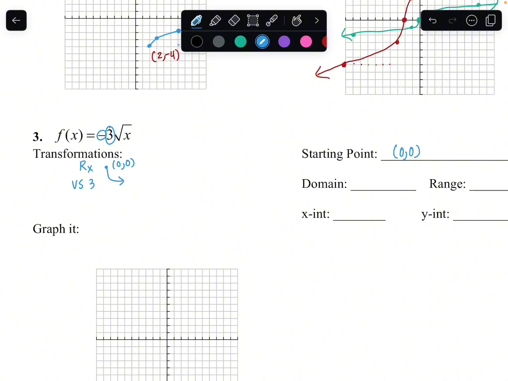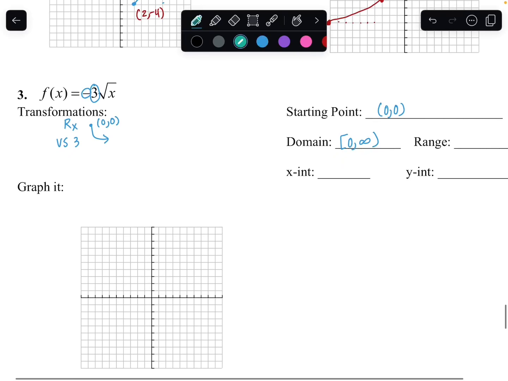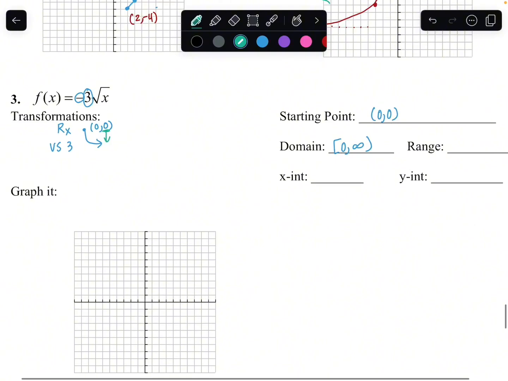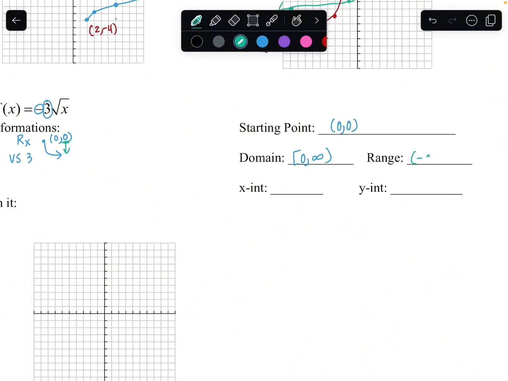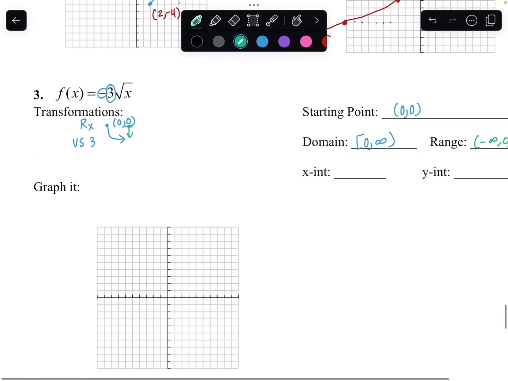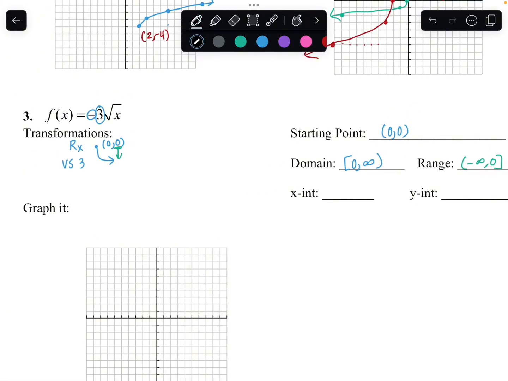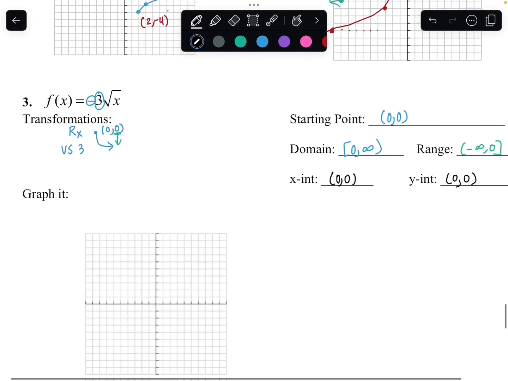And because it's still facing to the right, the domain is 0 with a bracket to infinity. And then the range starts at 0, but it's going down. And so it's going from negative infinity to 0 with the bracket. And then because it's still at 0, 0, that's still going to be your x-intercept and y-intercept.